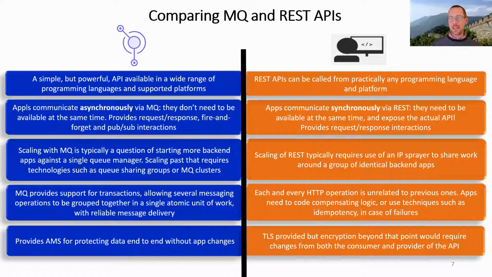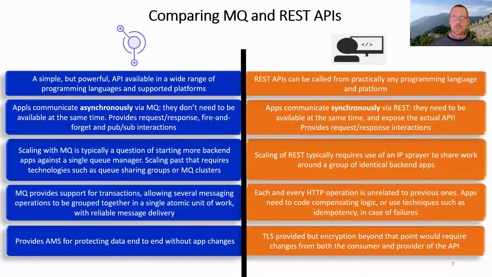REST APIs aren't really transactional. Every single HTTP operation, every single REST operation should really be decoupled from the operations that are going around it. So even though you may issue a number of HTTP requests one after the other, they're not grouped together in any way that allows you to say, well, those first two worked fine, the last one failed, I'd like you to undo those first two that worked, please.